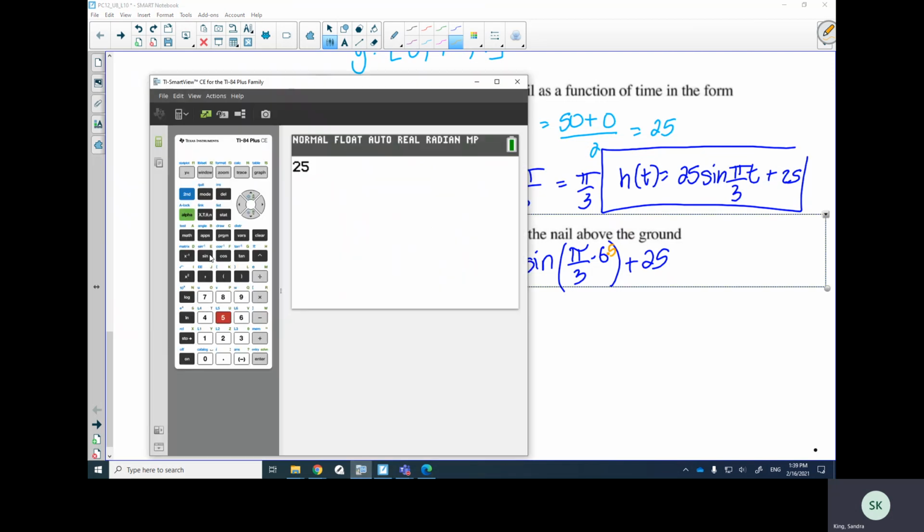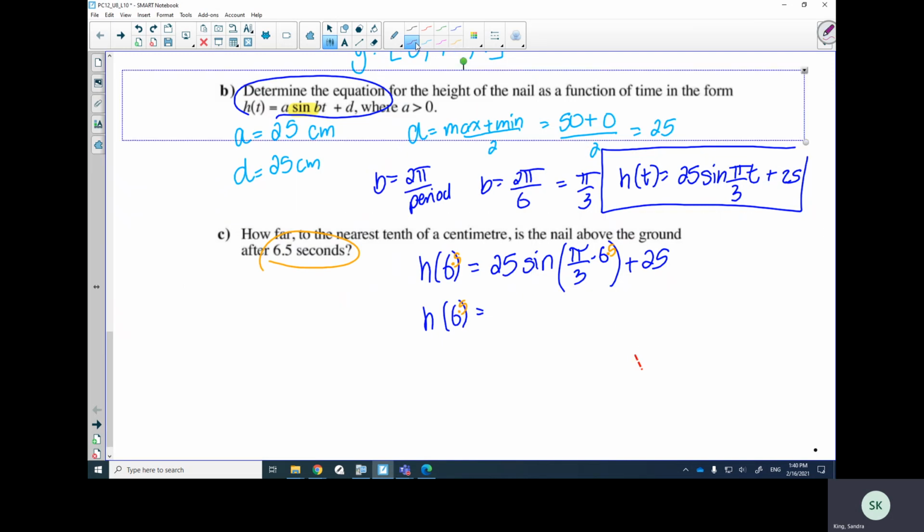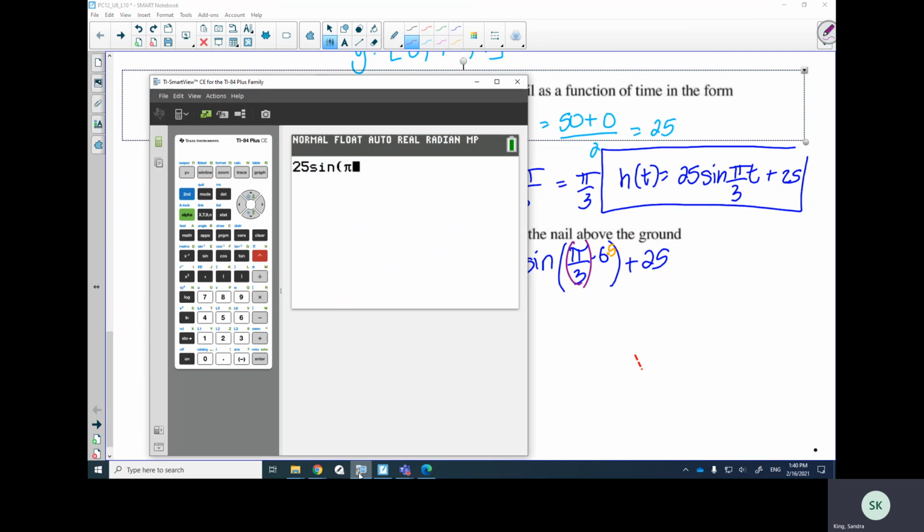Okay, 25 sine pi over 3. So really that should be in a bracket, right? Pi over 3 should be in its own bracket, and then that times 6.5.